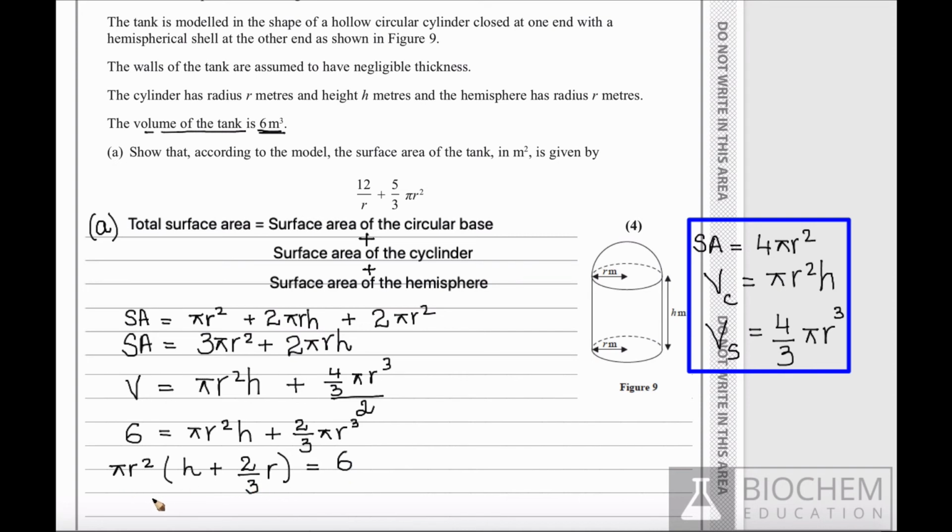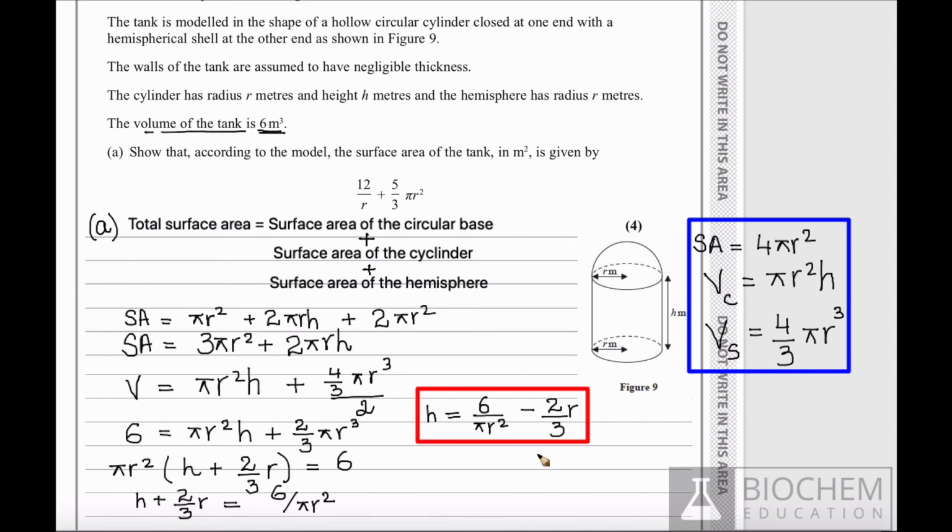Dividing both sides by pi r square, we can write this as h plus 2/3 r equals 6 divided by pi r square. As we have to find h, we can bring 2 over 3 r to the right hand side and write it as h equals 6 over pi r square minus 2/3 r.